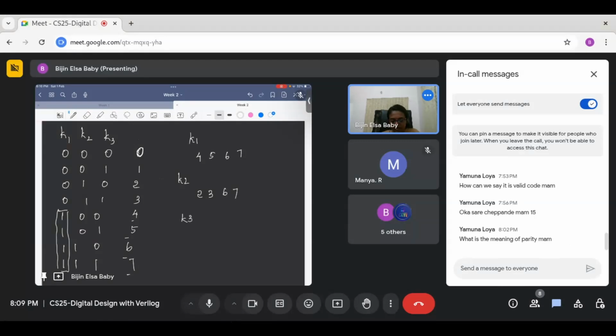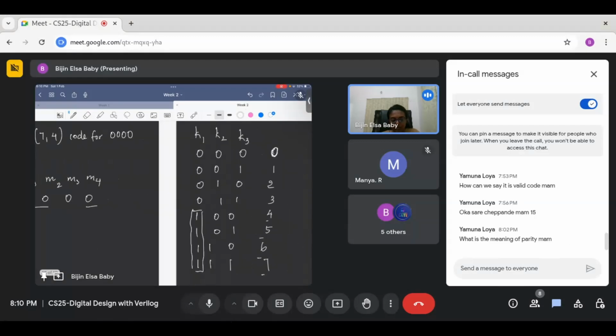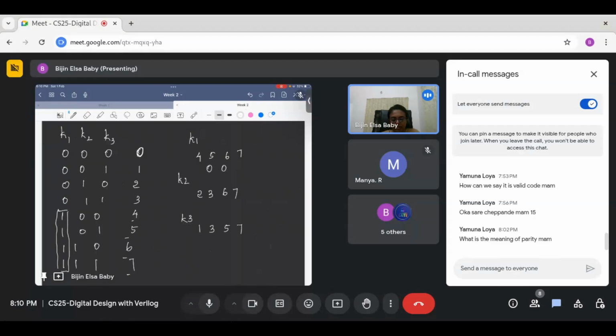K3 influences 1, 3, 5, 7. So first is K1 with 4, 5, 6, 7. You have the values for 5, 6 and 7, and 4 is not there. They are 0, 0.